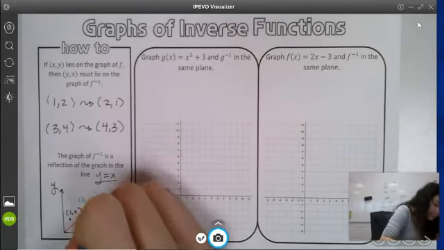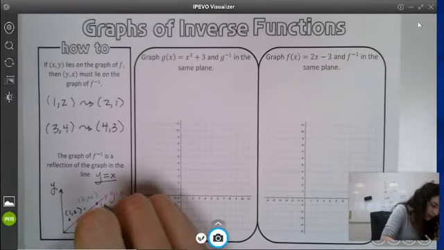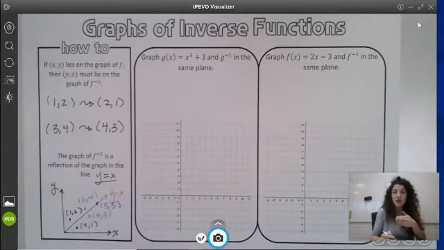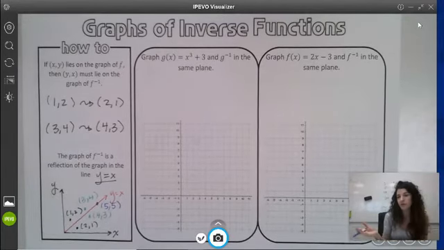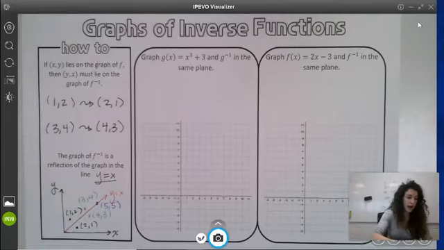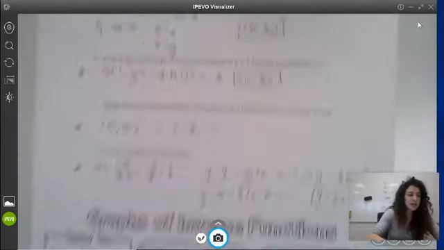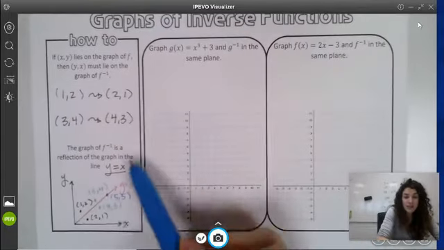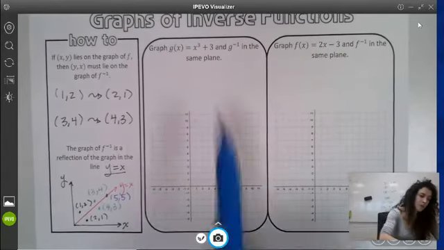Now, if you have a point that has the same x and y value, like for instance up above we had (5, 5), it is its own inverse point, and it happens to also lie on this mirror line that we are reflecting across. So that's why (5, 5) seemed like a weird repetitive thing. It's the point that happened to be on the mirror, and so it just stays there in the reflection across that line.